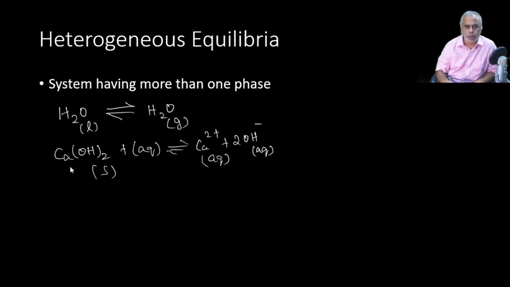And what about this one? Calcium hydroxide, when it is treated with water, becomes calcium ion and hydroxide ion. So this is solid, whereas these are all in aqueous form. It means there are two distinct phases. So that is why this equilibrium is also a heterogeneous equilibrium.